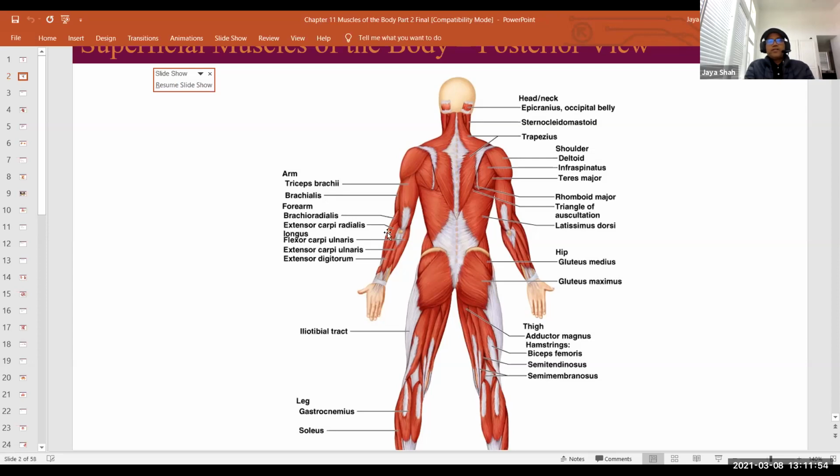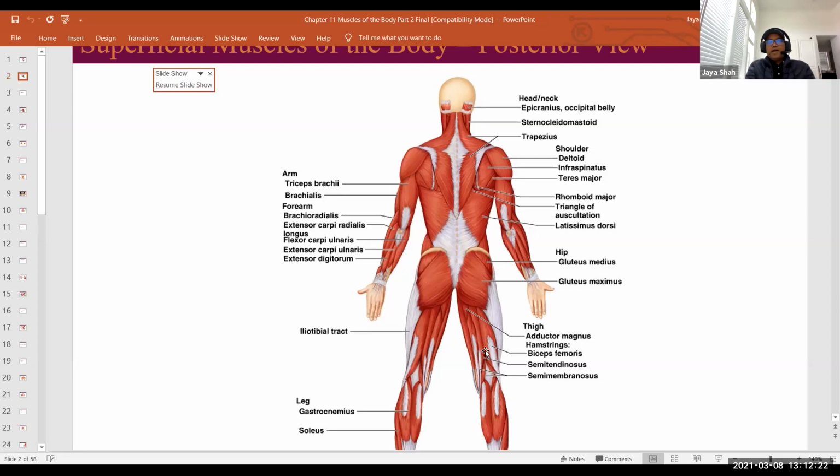And the posterior muscles in the forearm, you have the brachioradialis, you have flexor carpi ulnaris, extensor carpi ulnaris, these muscles. And in the thigh, you see here, the muscles in the buttock area are gluteus medius, gluteus maximus, based on their size. And if you remove it, then you're going to see gluteus minimus.